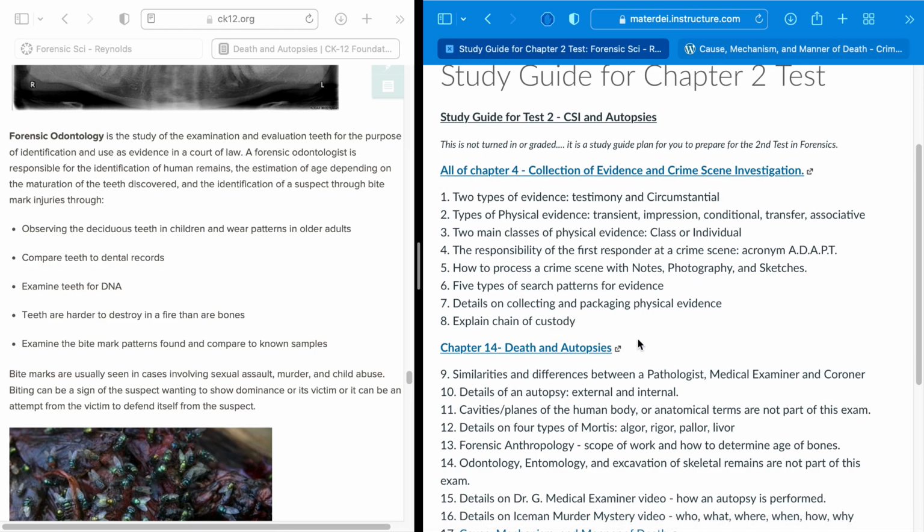So then review chapter 4, and here are 8 key points for you to take notes on. So hopefully you've done that here for chapter 4 as we talked about it today. And it would be really good for you to make up your own study guide. So review the information in the textbook.